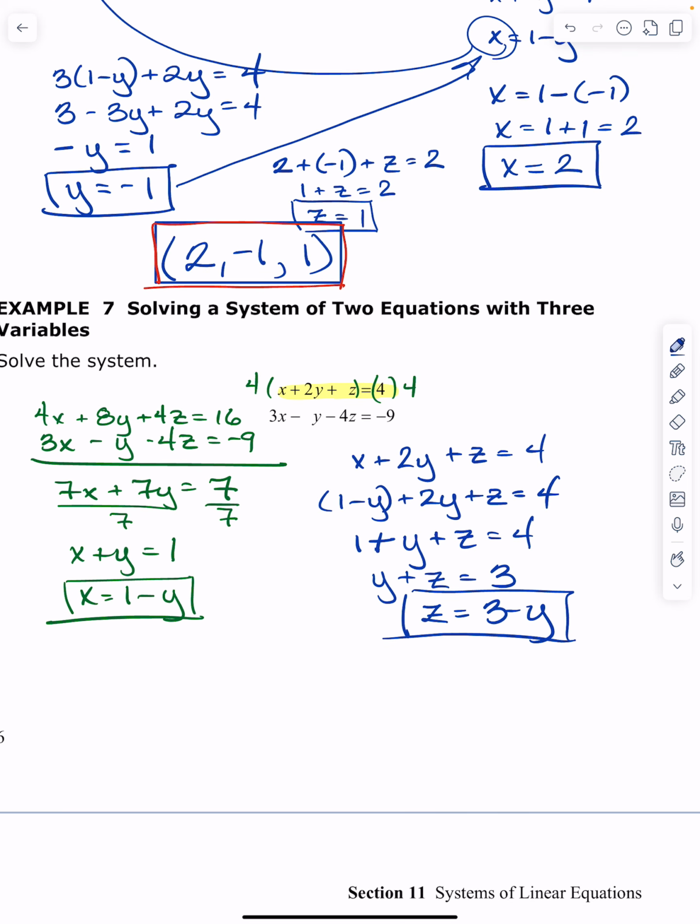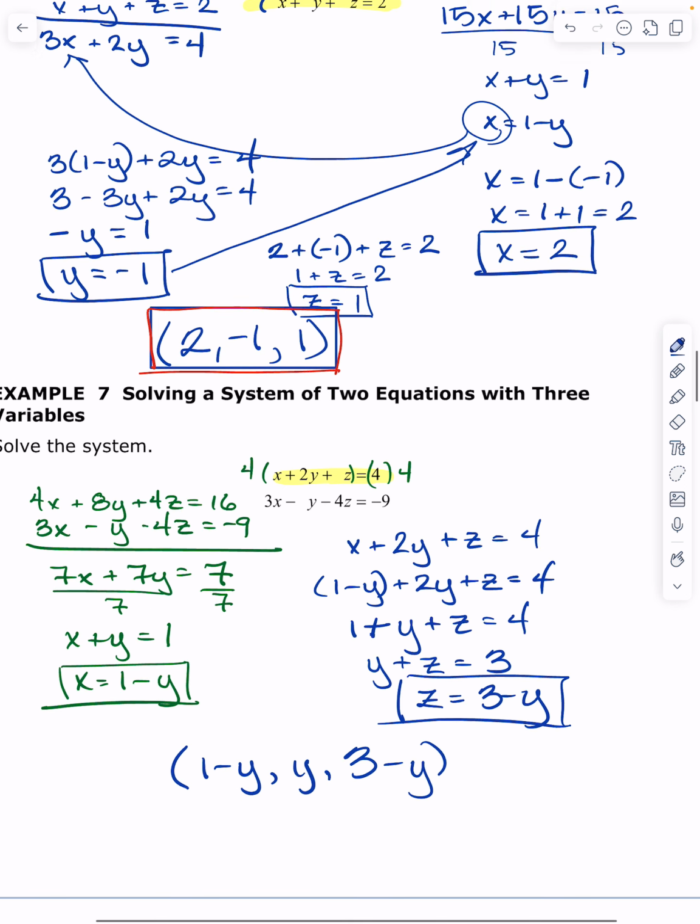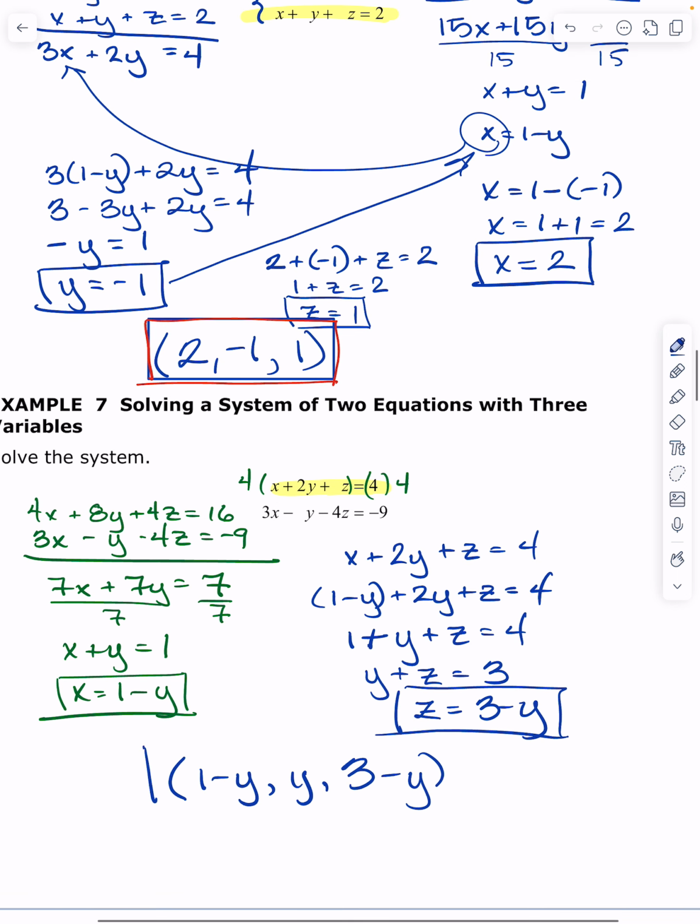My solution here, my ordered triple: x in terms of y is 1 minus y. y is whatever I substitute in, and my z in terms of y is 3 minus y. So we have solved for the ordered triple. We're going to start by picking a y value, and we'll use that to solve for x and z.